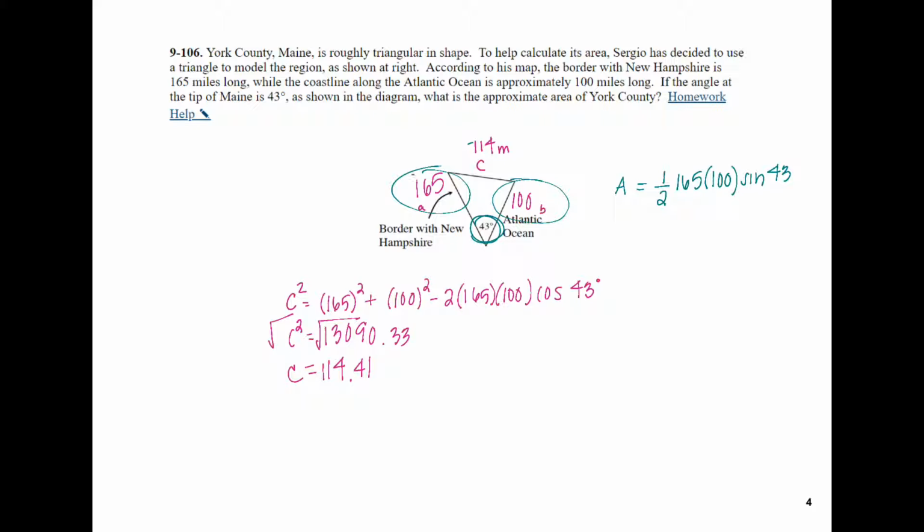So even though you found the sides, we can then confirm by finding that third side that it's not a right triangle. When we type this in our calculator, we get an area of approximately 5,626.5 miles squared.